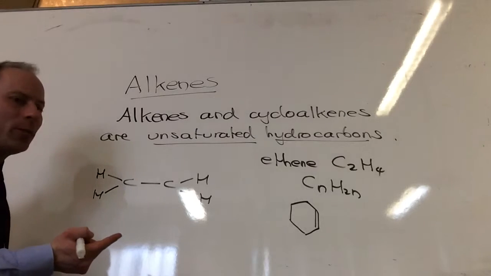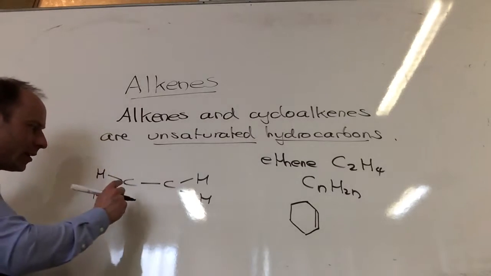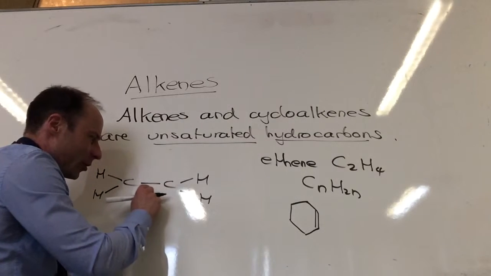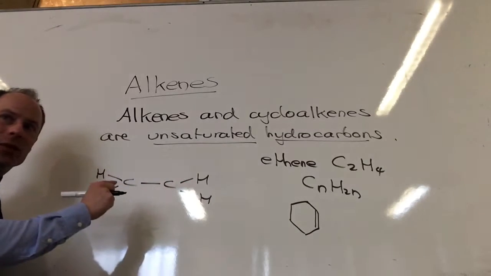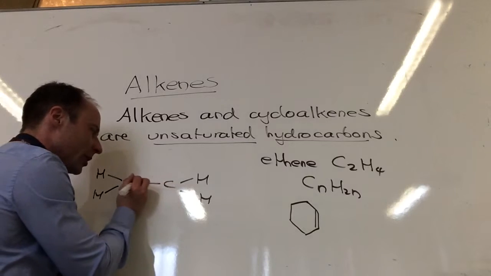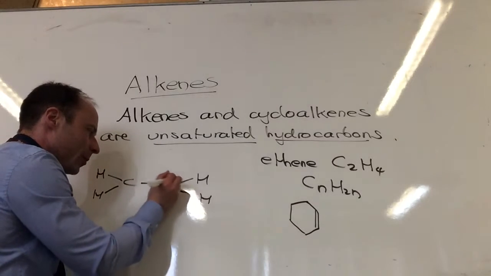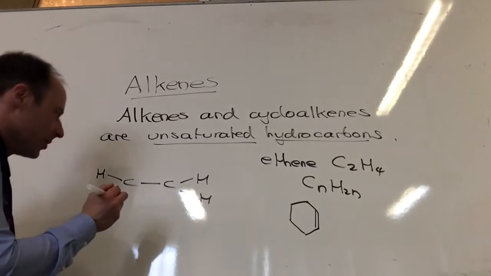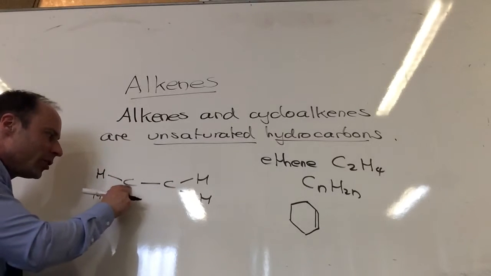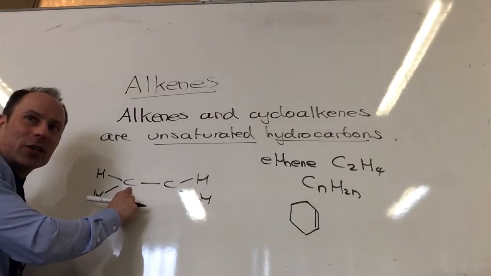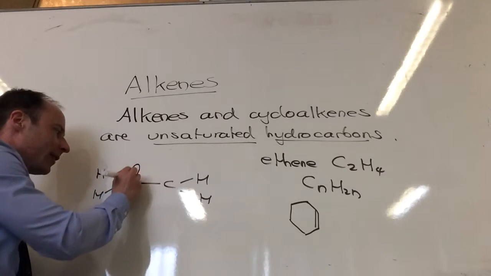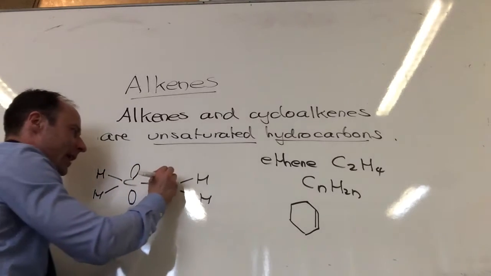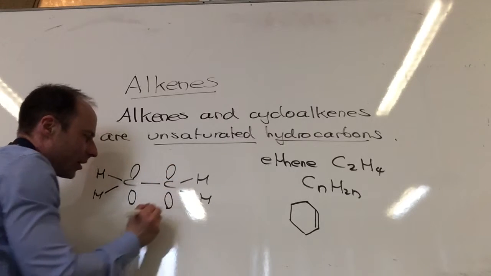So how does the double bond occur? This bond here, this is what you class as a normal single bond. We call that a sigma bond. That results from just the overlap of the orbitals between the two carbon atoms. So each carbon has used 3 of its orbitals, so one's left over, and what's left over is a p orbital, like so.